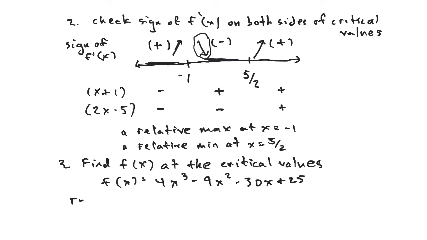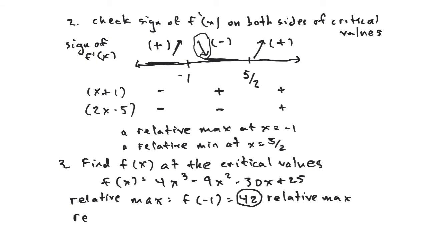And so my relative max is at f of -1. So if I plug x equals -1 into f of x, what I end up getting is that this is equal to 42. So this here is my relative max.